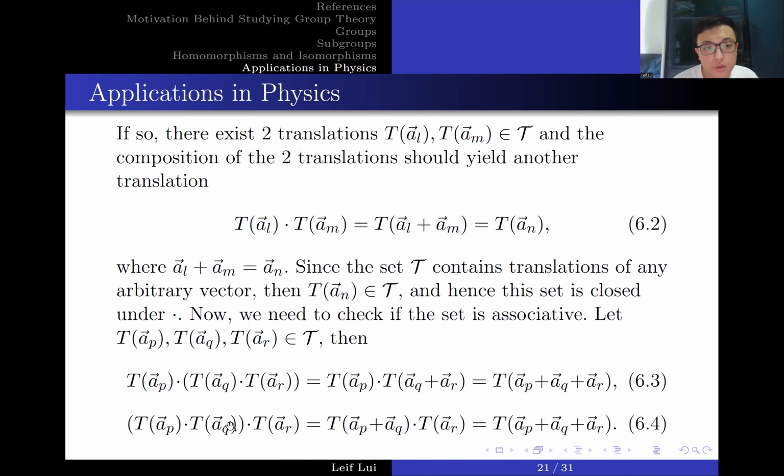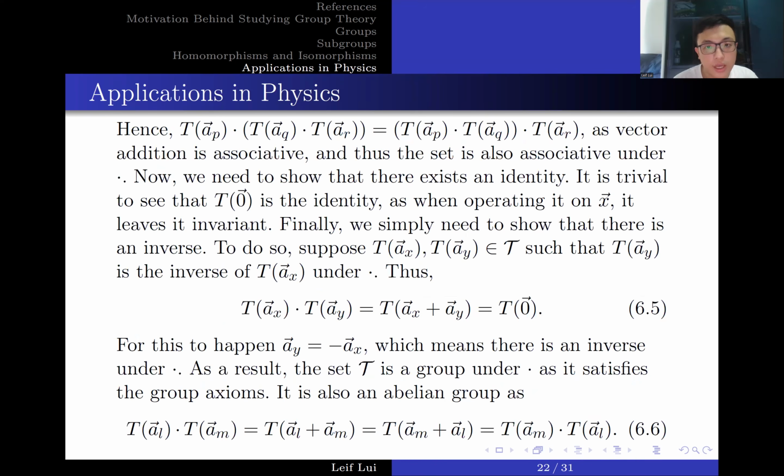If we do the first two operations first, there should be no distinction between the two. The reason for this is, once again, that addition is associative. So this property is associative. And since a_p, a_q, and a_r are arbitrary vectors, this satisfies associativity for any vector in T.